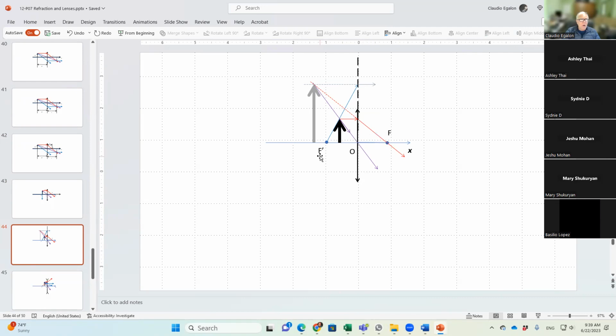And then you can also do it for the focal point F prime. In reality, the light ray is going in this direction, so you have to extend it toward the focal point. So it is refracted parallel to the axis.